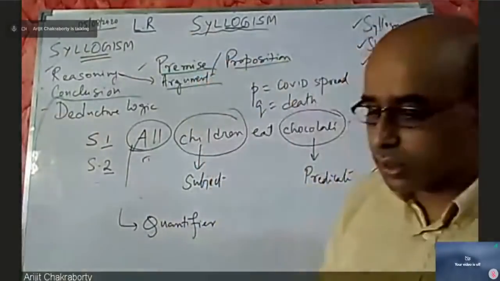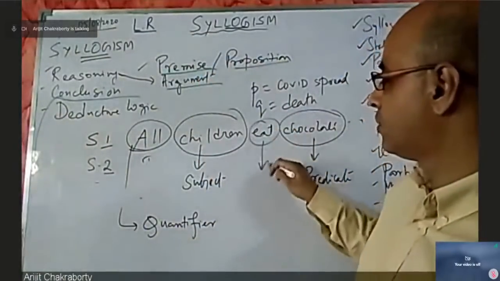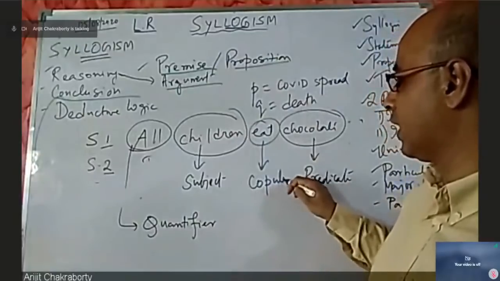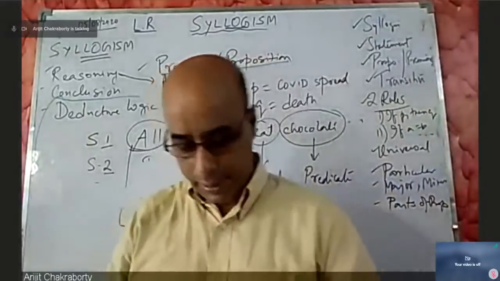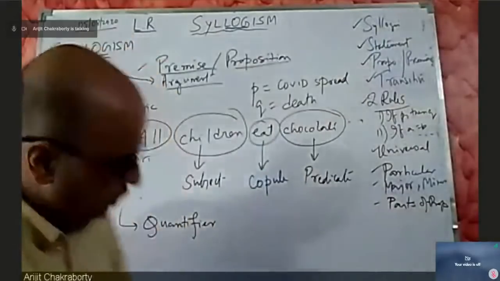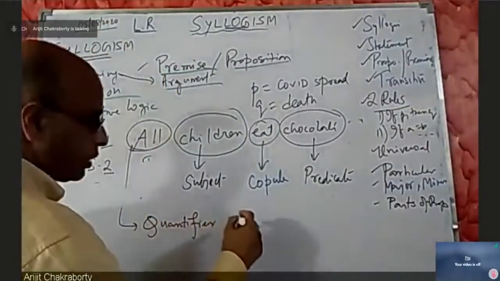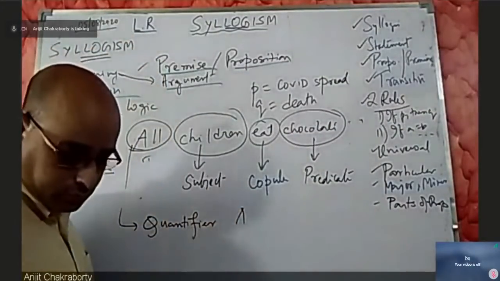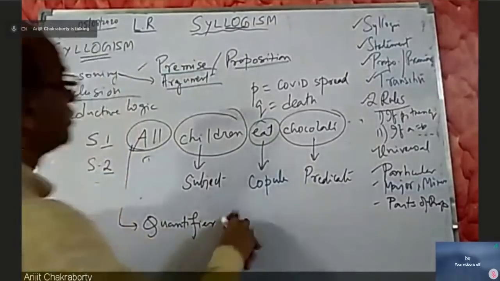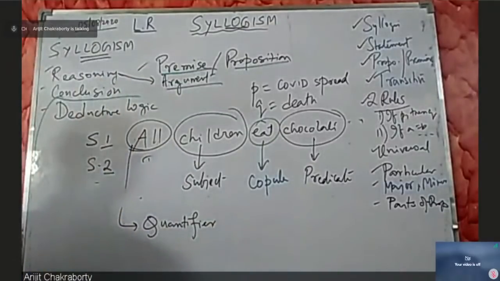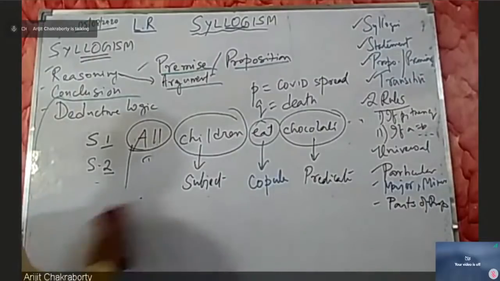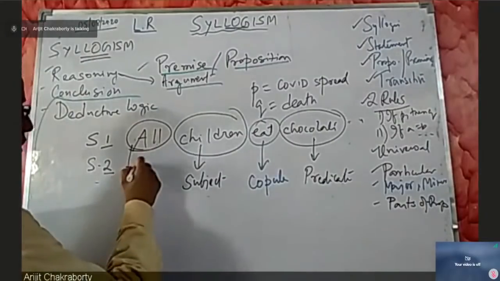So this is called the copula, C-O-P-U-L-A. If I write another sentence here, all children eat chocolate. This is the quantifier.